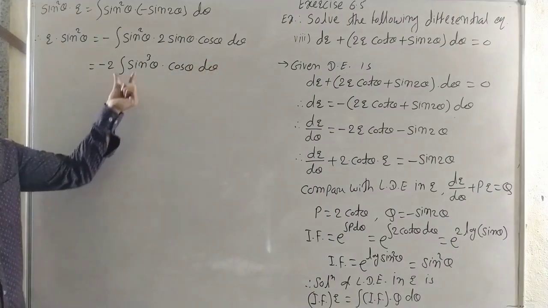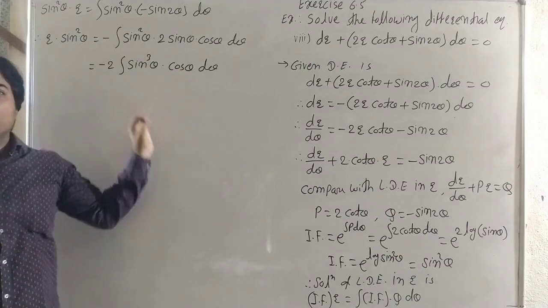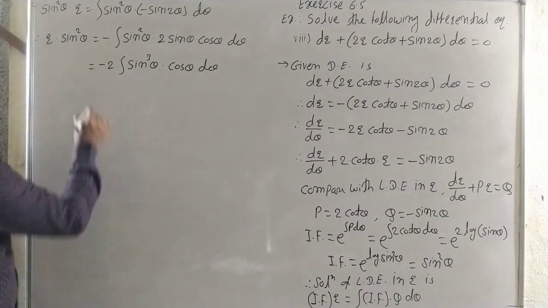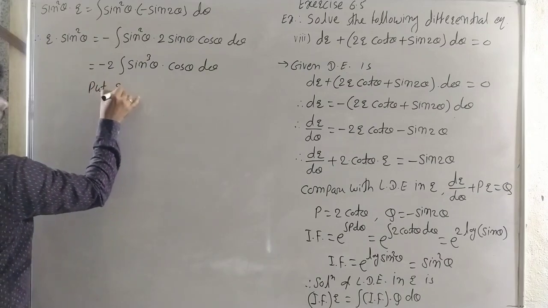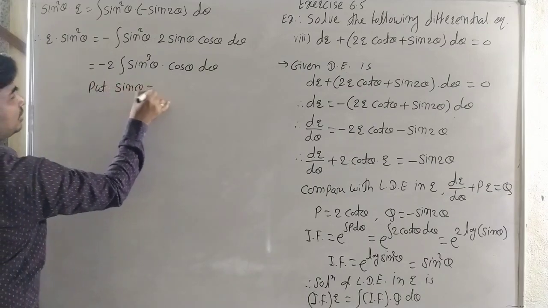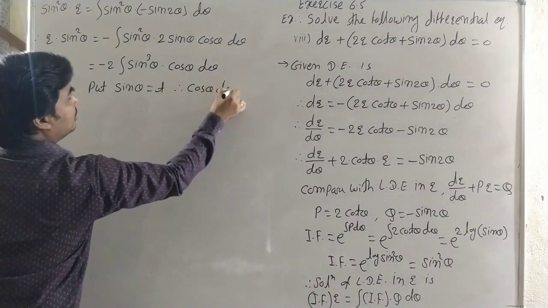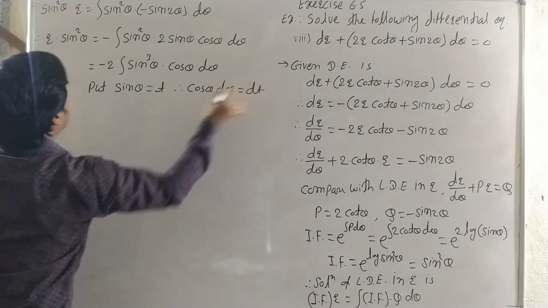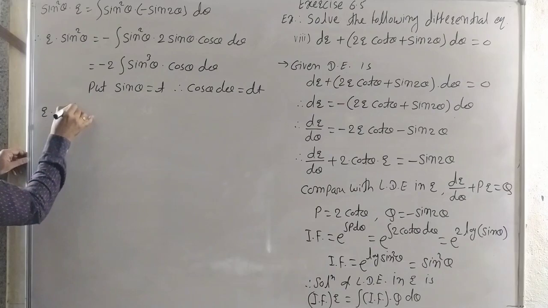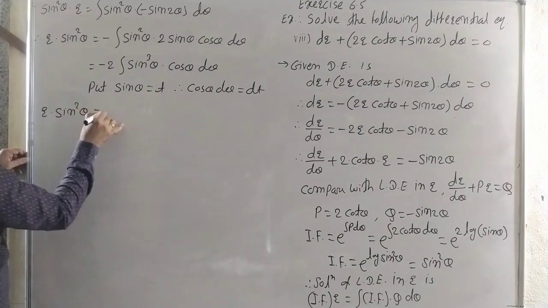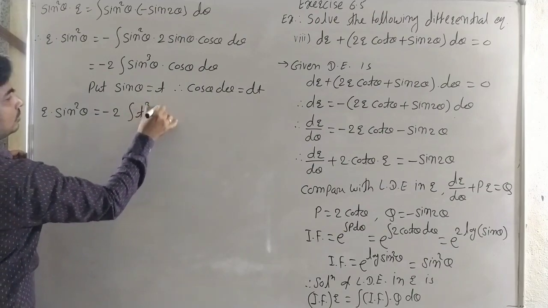Clearly, the derivative of sin theta is cos theta, so to solve this integral, put sin theta equal to t. Therefore cos theta d theta is equal to dt, and our integral is r into sin square theta is equal to minus 2 into the integral of t cube dt.